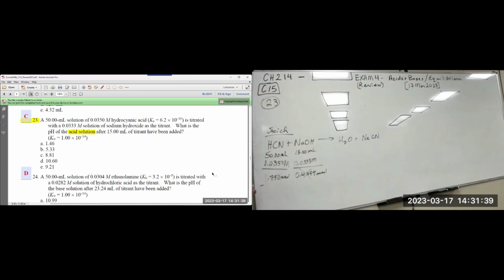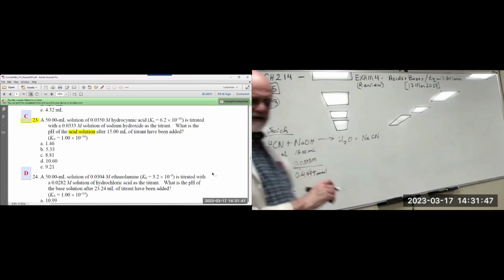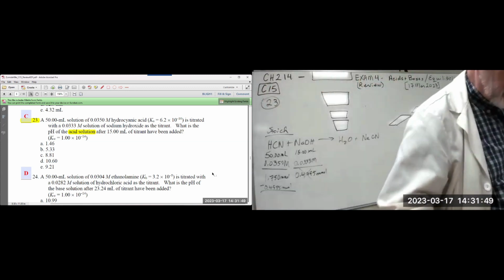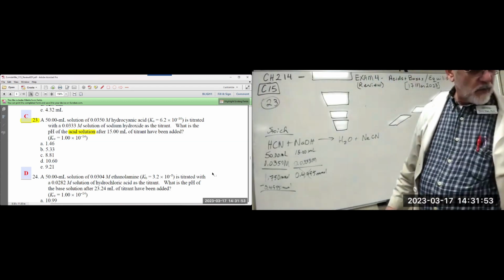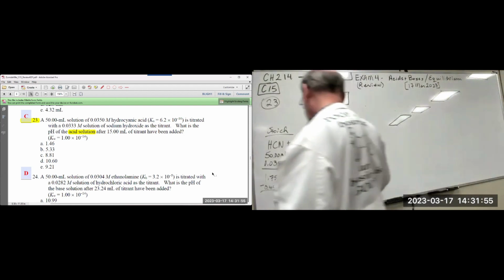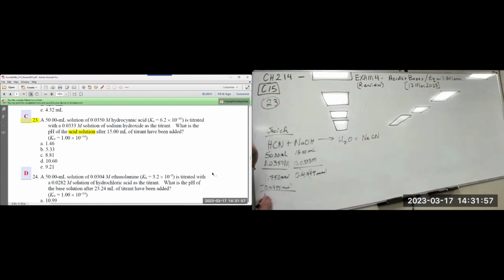So what's left of the HCN? 1.750 minus 0.4995 gives 1.251 millimoles of HCN remaining after the stoichiometry.